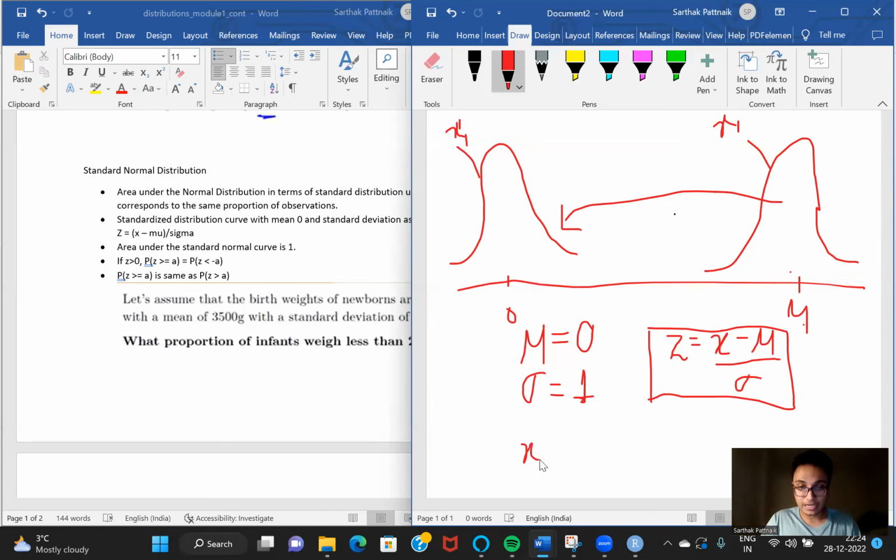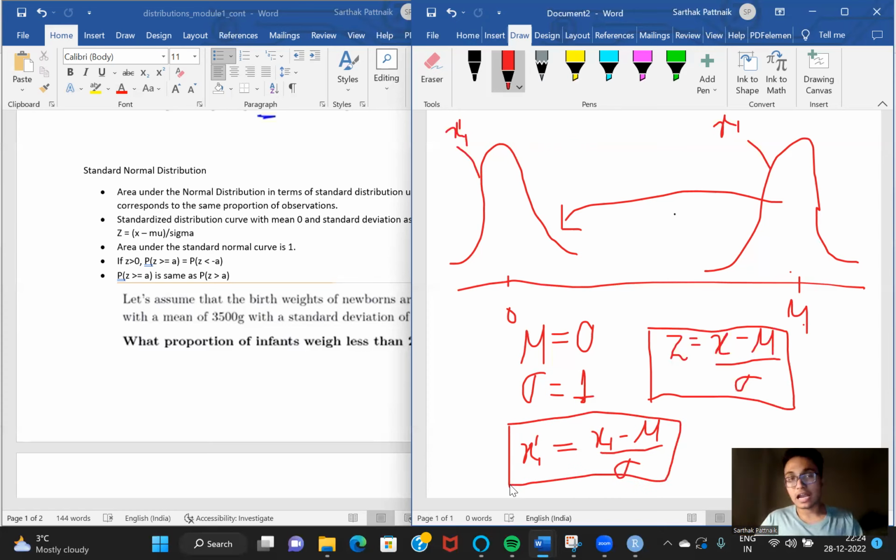So for a general point, x1 dash will be given by x1 minus mu divided by sigma. So this is the general idea of standardization, the standard normal curve, and how standardization is done for all the points given in a normally distributed curve.